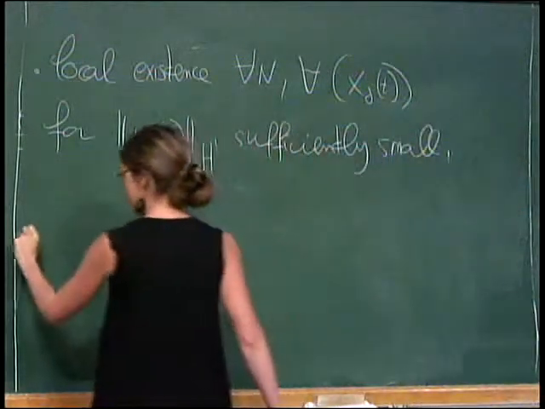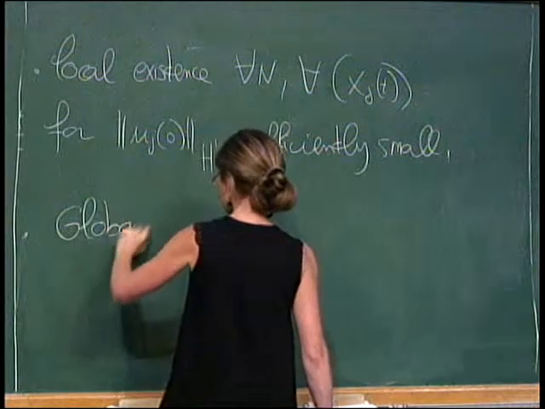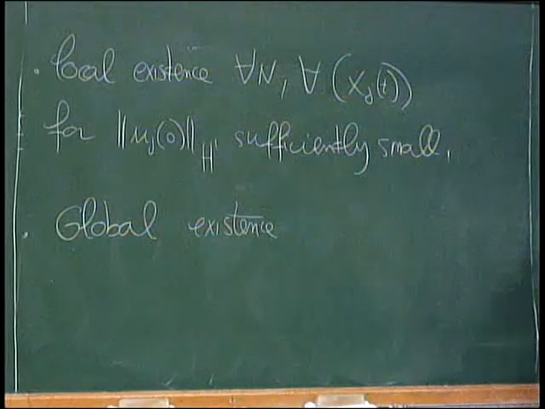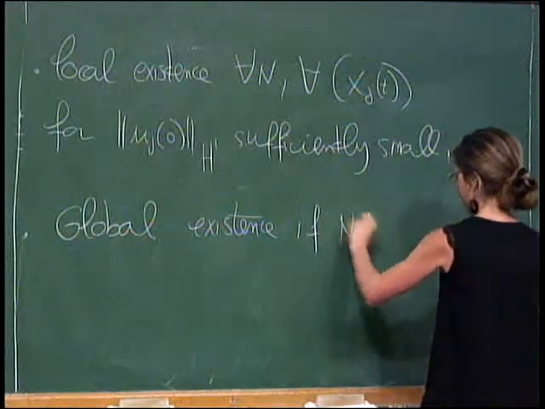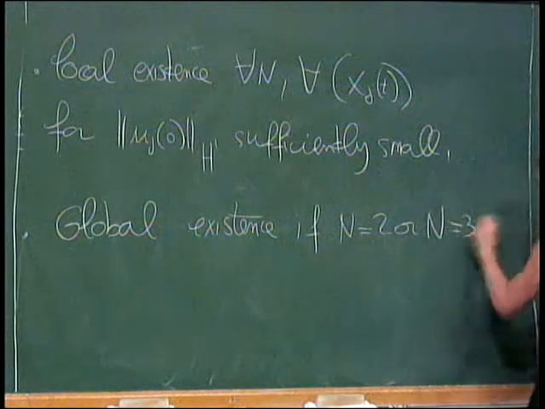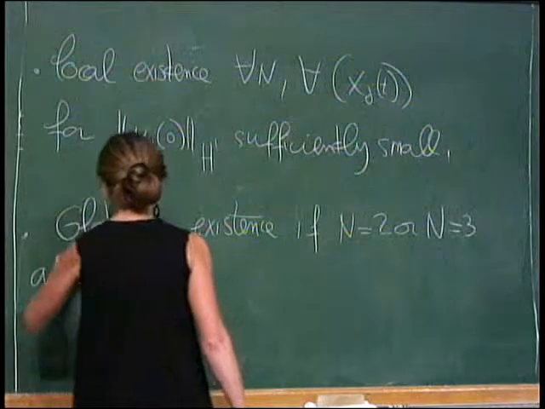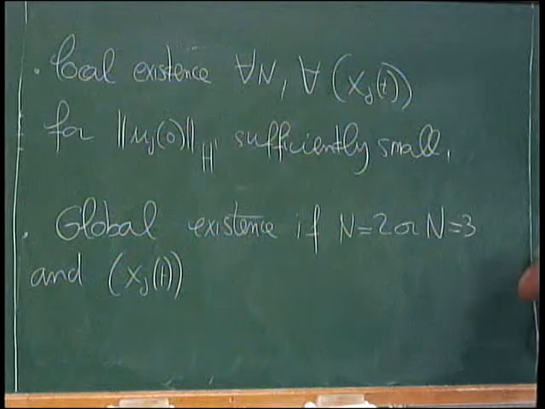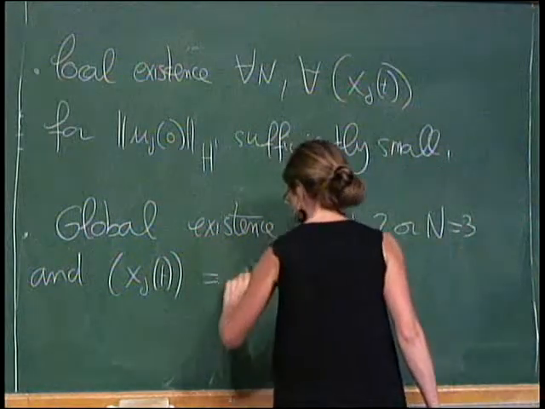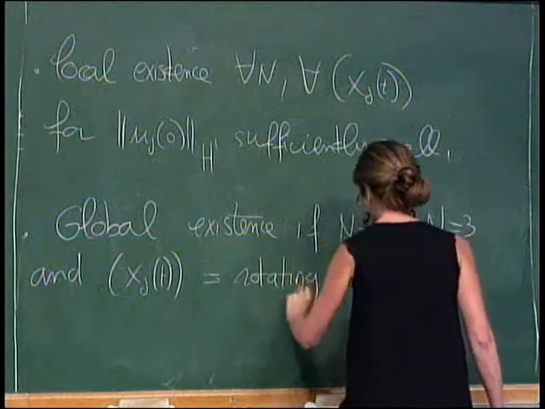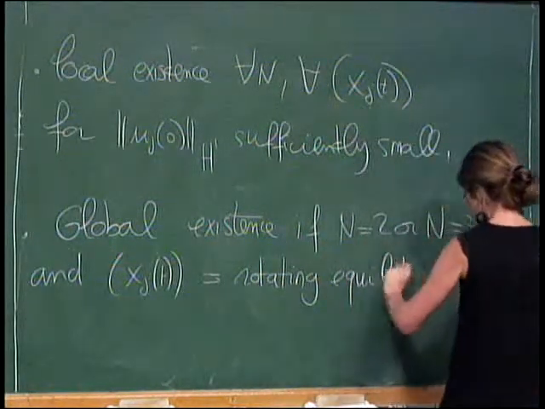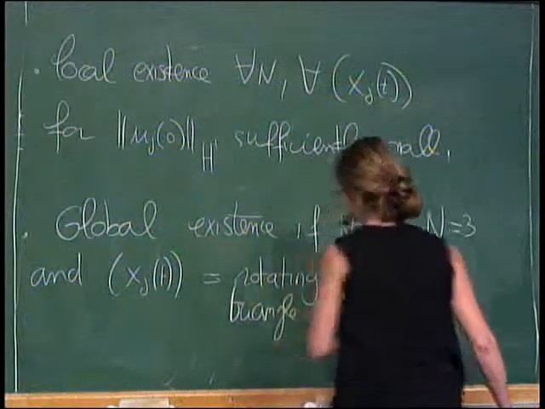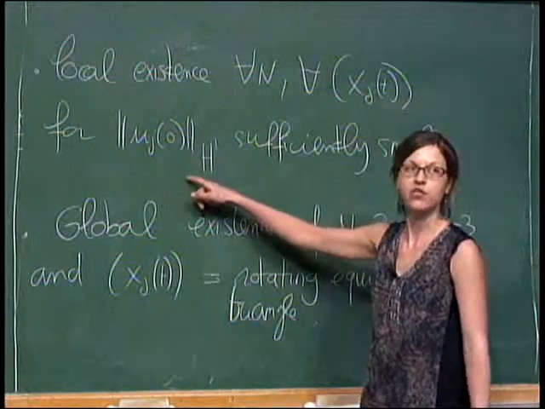And they obtained global existence, so no collisions, if n equals 2, or n equals 3 and xj of t is the rotating equilateral triangle, and uj of 0 is sufficiently small in H1.